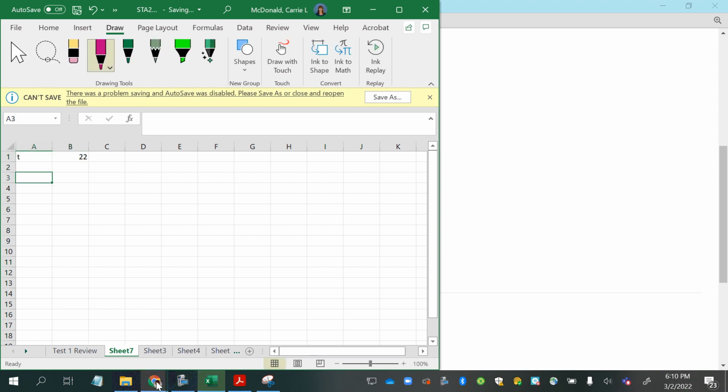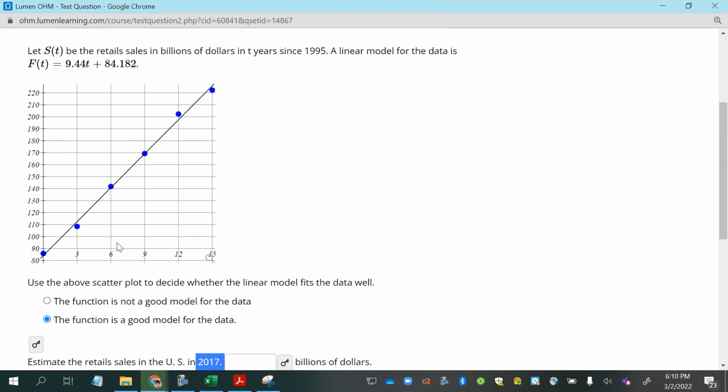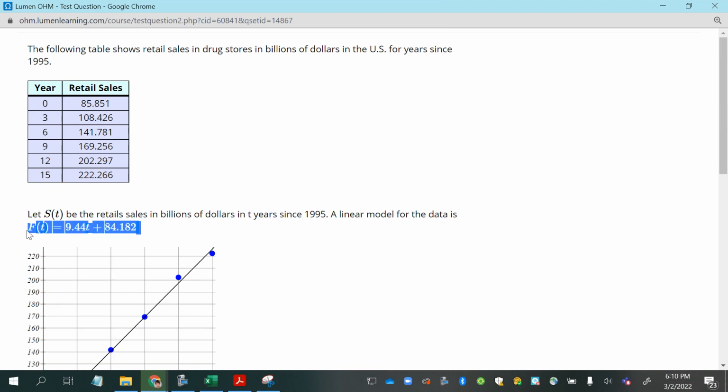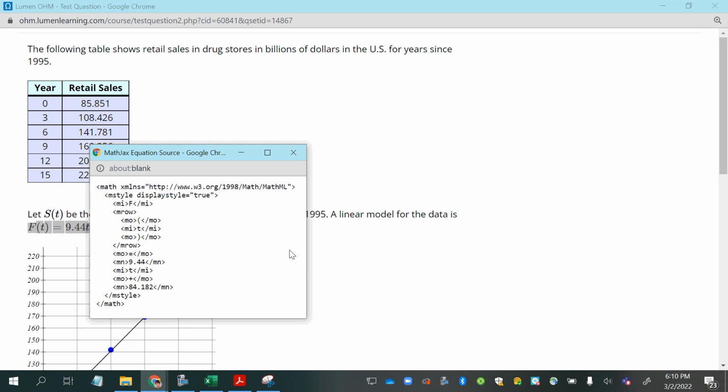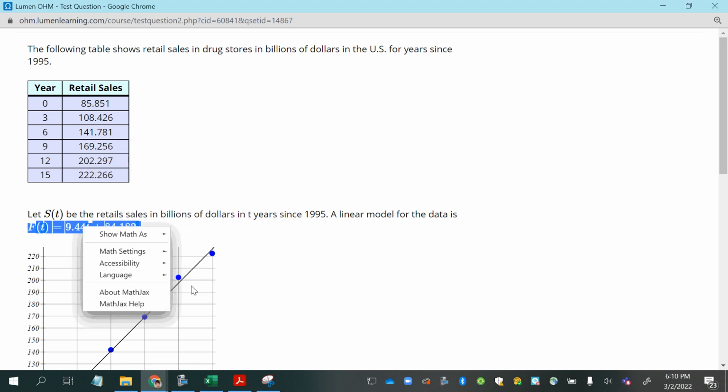Then you'll want to take the model they gave us here, 9.44t.